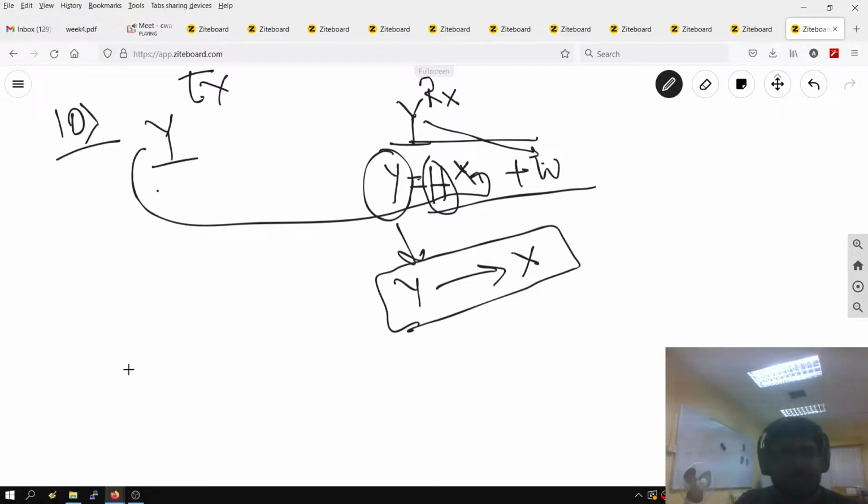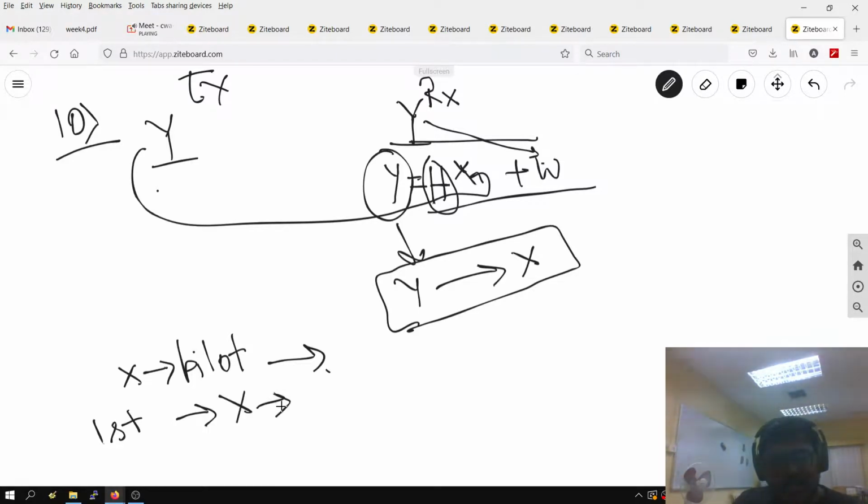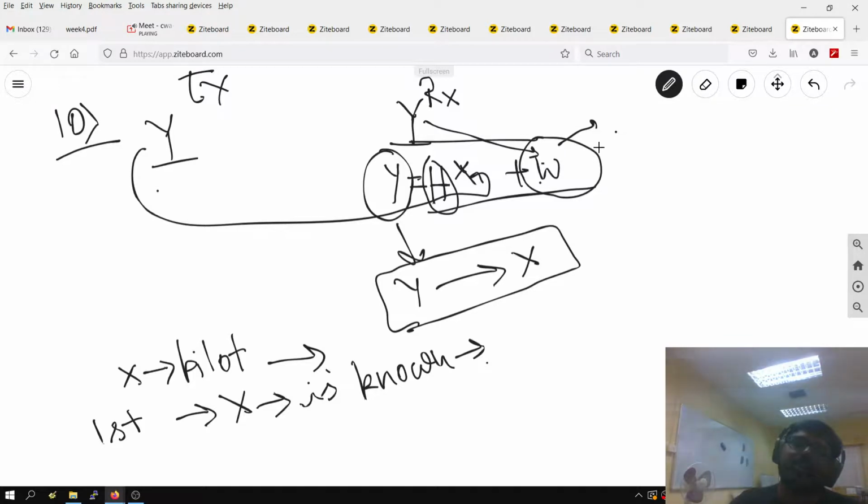So what can we do? We can send some pilot data x, and so we forcefully make the first step: we make x known. If x is known, let us think that w is not present here. w is some sort of error, or only its statistics are known.